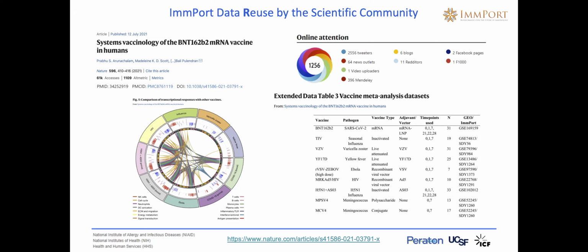This is just to give you an idea that if the data is well curated, then in a pandemic like this, which comes without any notice, these kinds of resources are very, very helpful as a reference for researchers to compare their data sets.